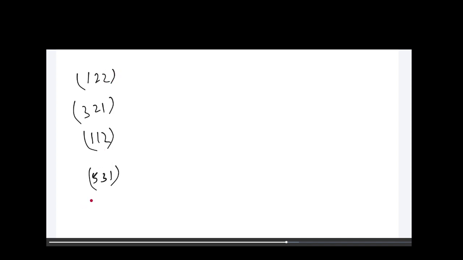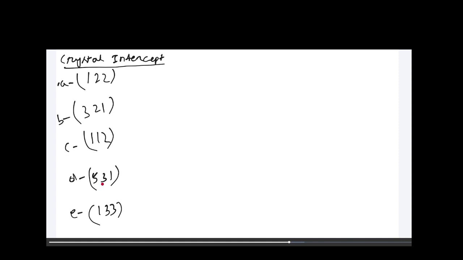Suppose these are your different intercepts. Okay? So let me do one. So 1, 2, 2. Suppose these are the intercepts. So for the 1, 2, 2 intercept, the Miller indices will be 1 by 1, 1 by 2, 1 by 2.